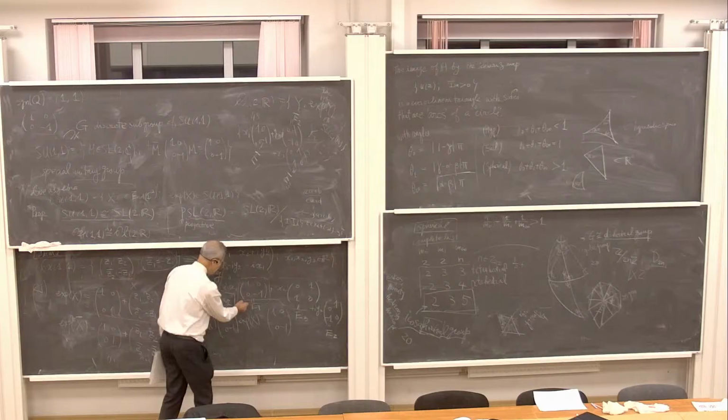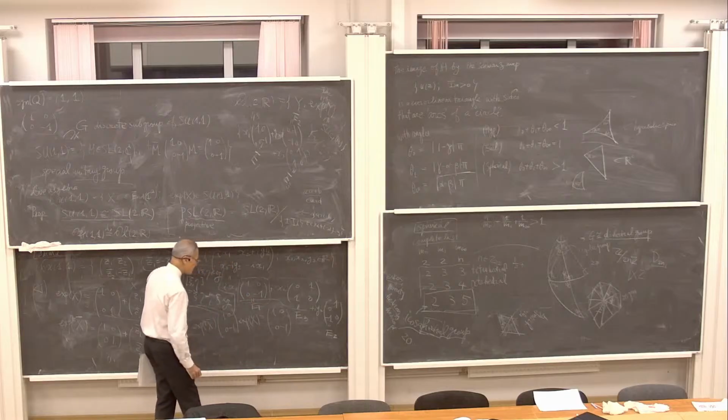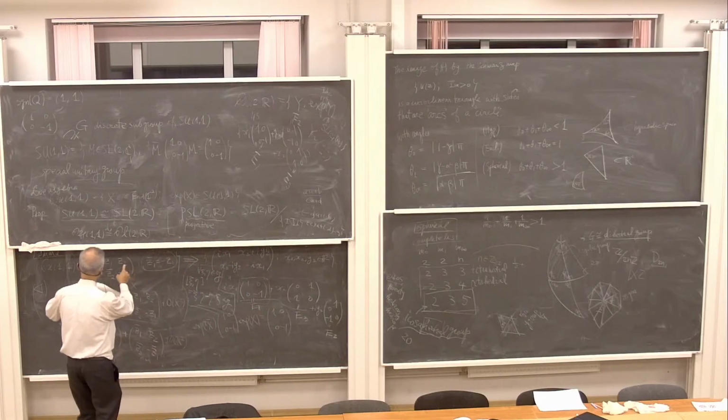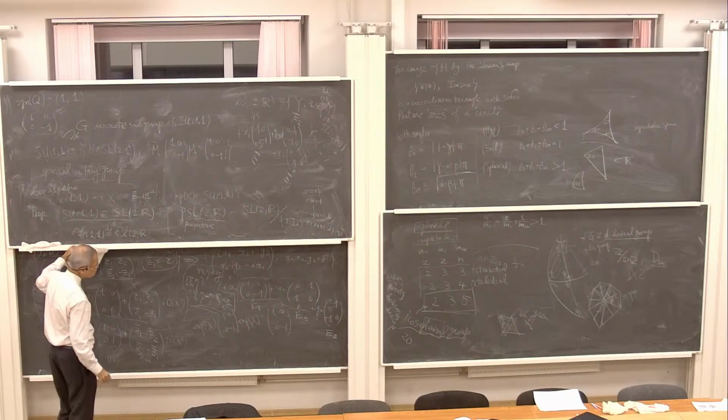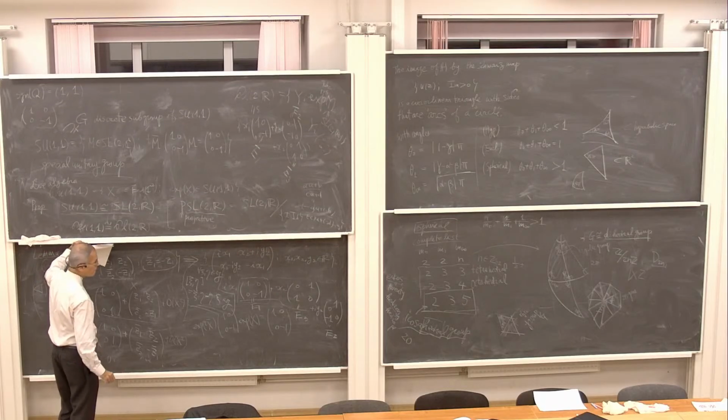In any case, these two Lie algebras have the same generators, E1, E2, E3, as Lie algebra.